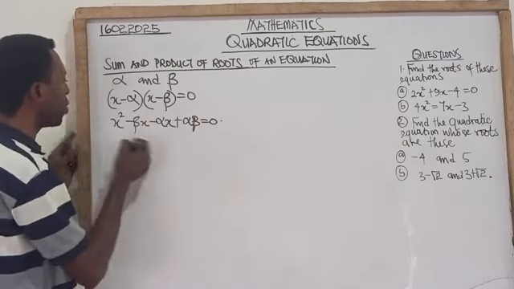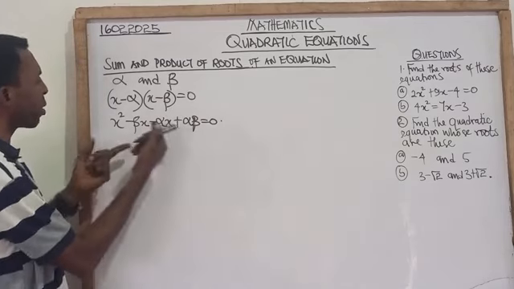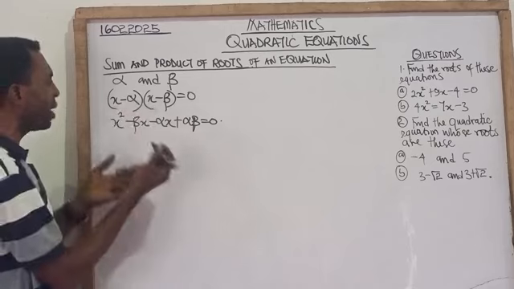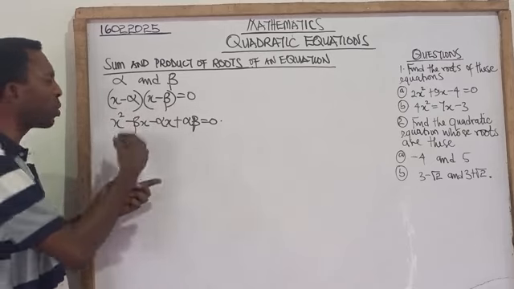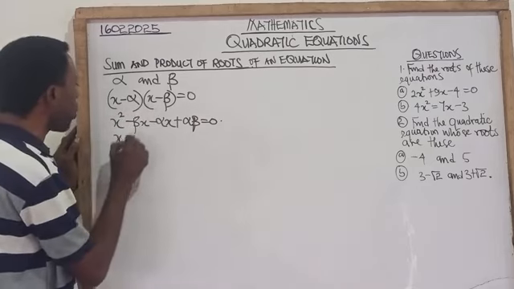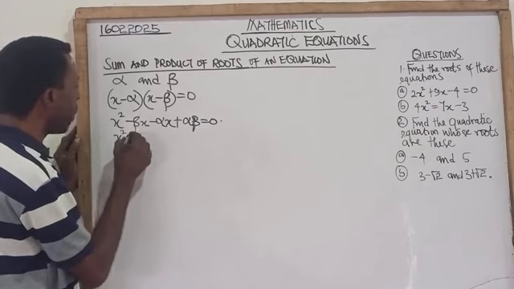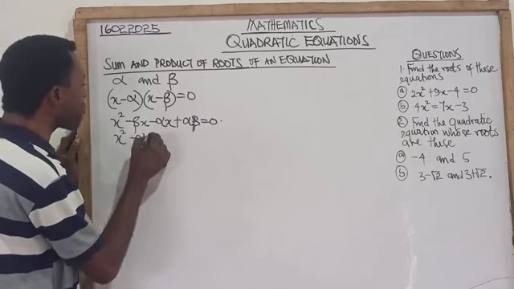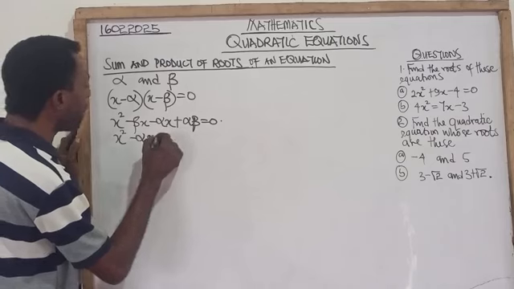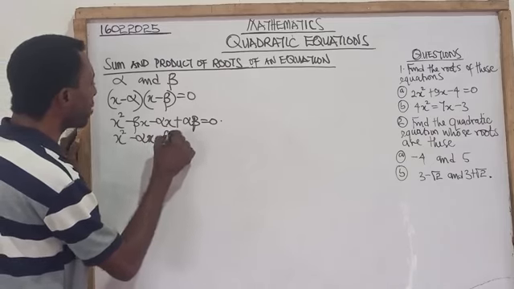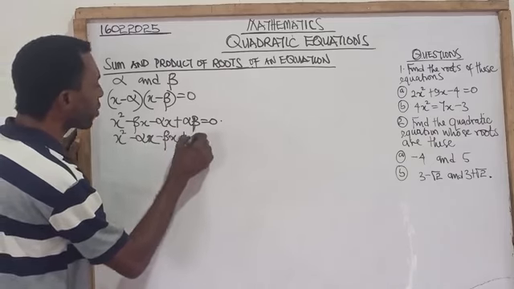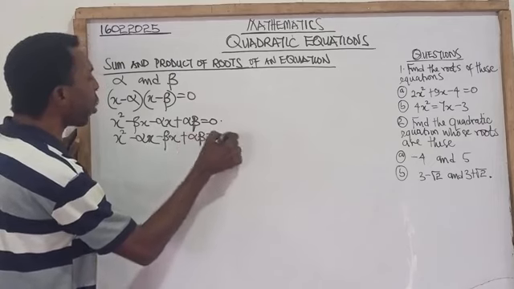Since this is minus and this is minus, we can interchange them to bring alpha to the front and beta to the back. So we have x squared minus alpha x minus beta x plus alpha beta equals 0.